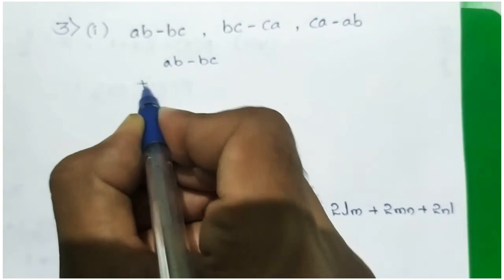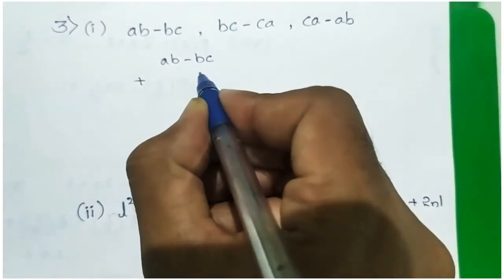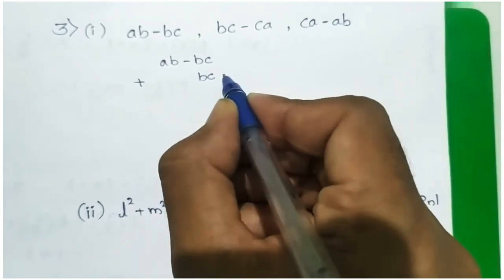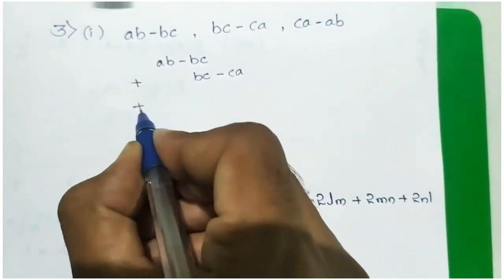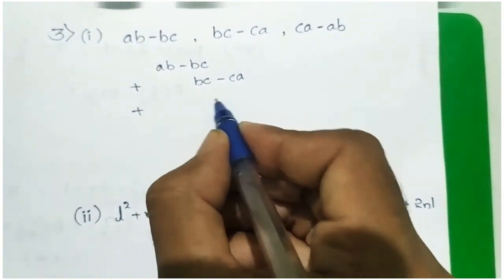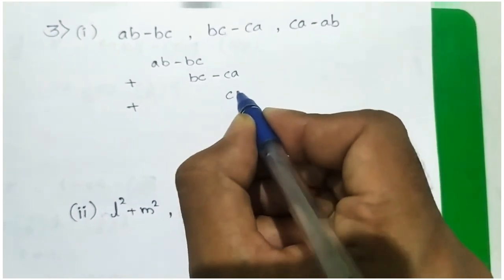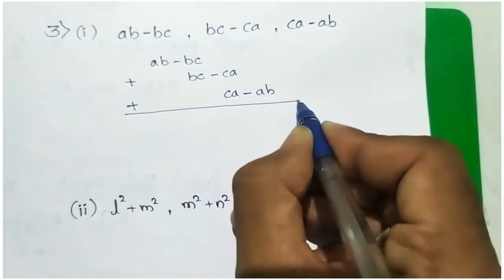To add it we have to write bc minus ca. So I will write bc below bc only, so it is easy to add. Next, minus ca. Again I have to add the third expression, that is ca minus ab. So I will write it at the bottom of ca only. So ca minus ab. So we have to add now.